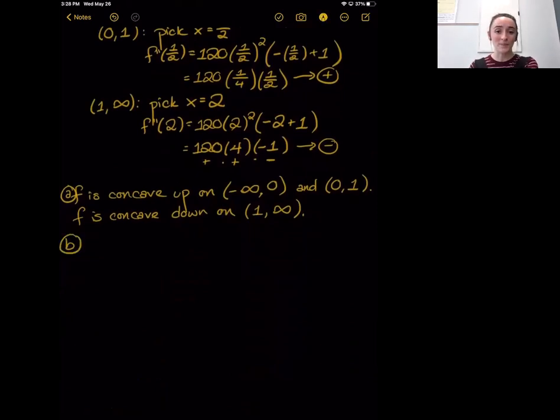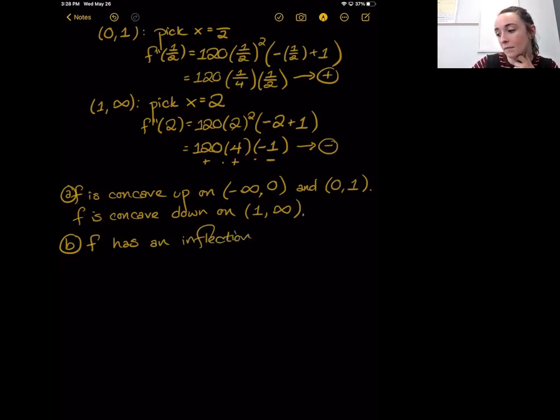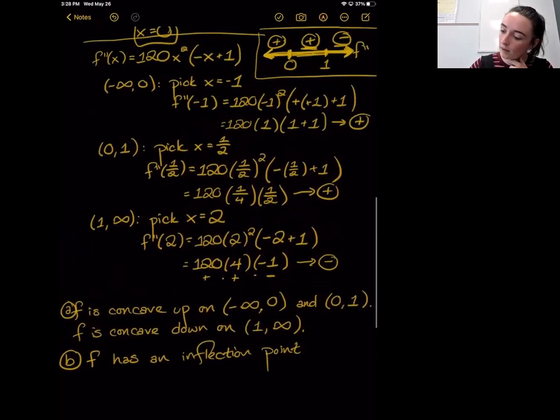For part B, f has an inflection point at x equals positive 1.